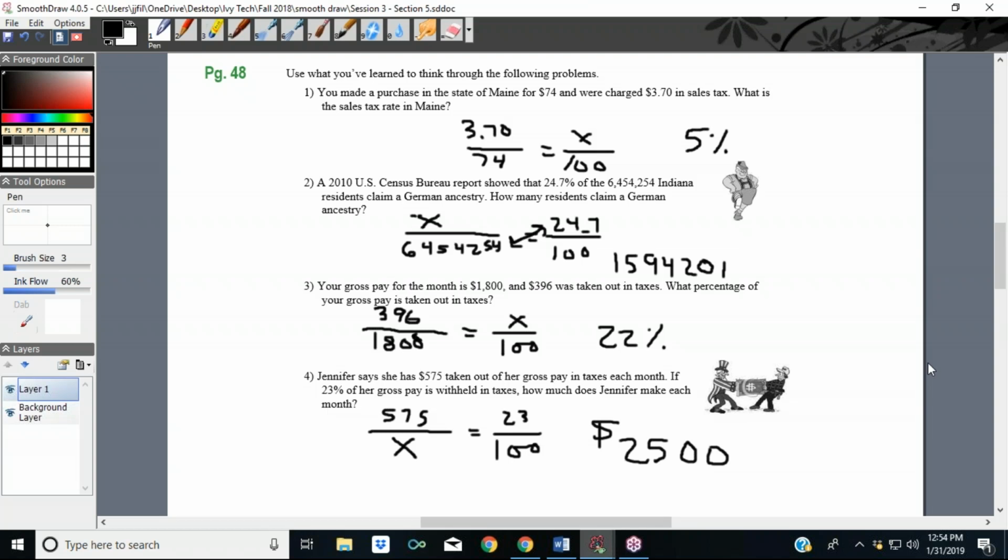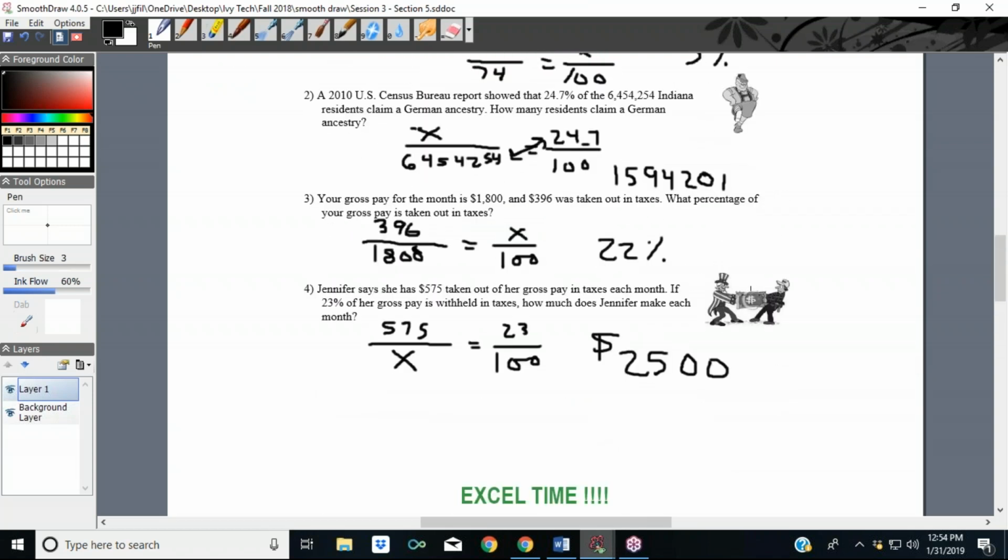Igina? Yeah, perfect. Thank you so much. So Igina has in here that it's 0.7, and so just rounding to the nearest person, I put 1,594,201 people.